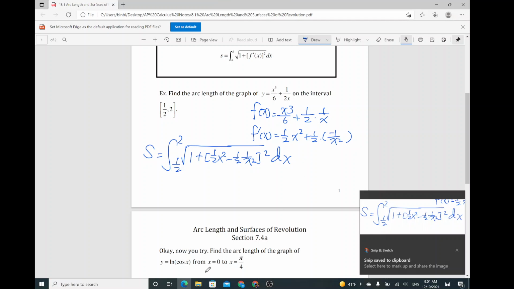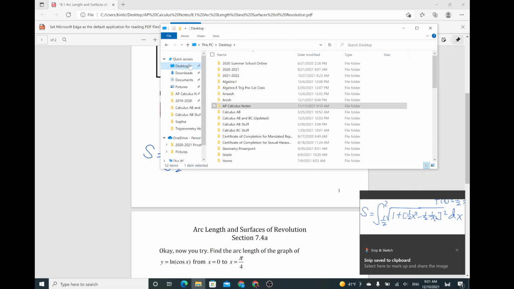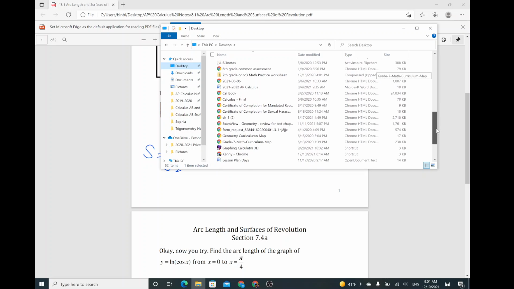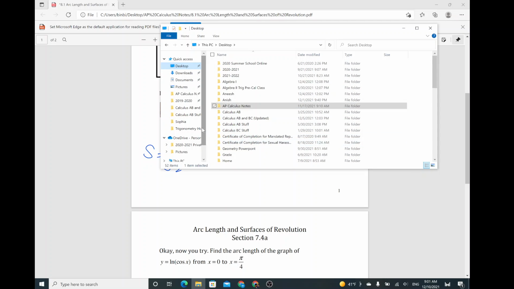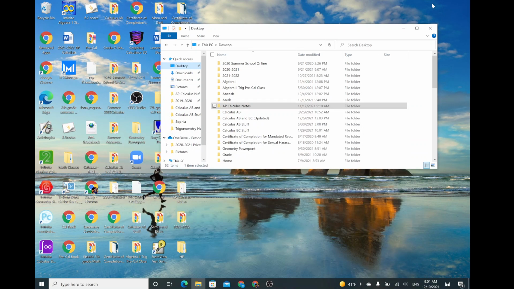Let me put it into ActivInspire. Let me go back to the screen here real quick. Where's my ActivInspire? Okay, let's open it up.